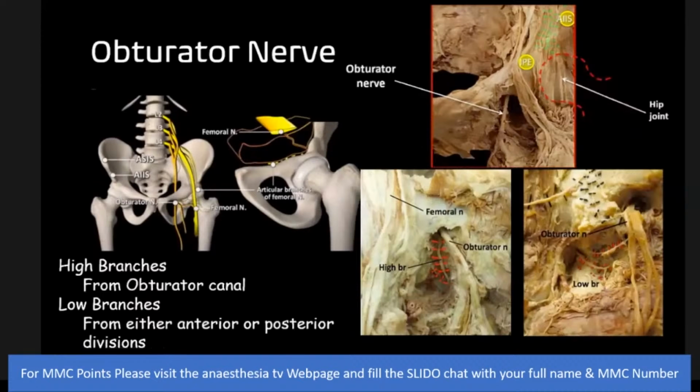High branches are given directly from the main obturator nerve within the obturator canal, and the low branches arise either from the anterior or the posterior division. These branches deflect laterally to innervate the anterior medial hip joint capsule and inferior part.